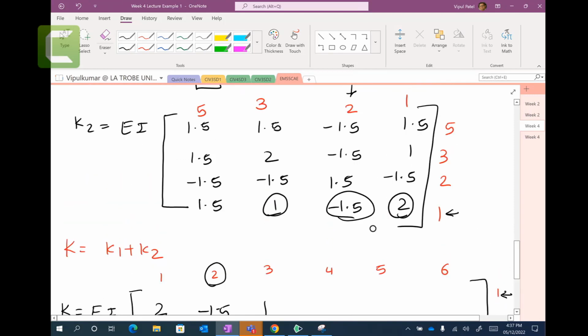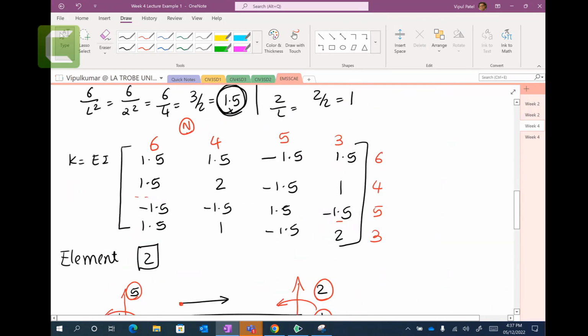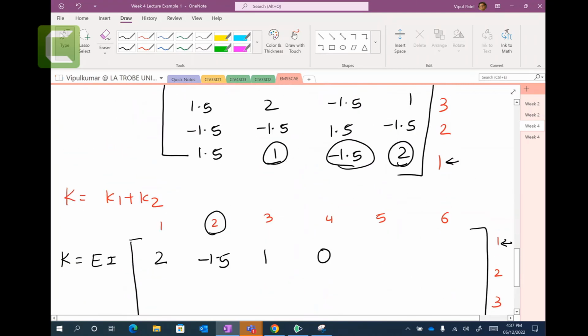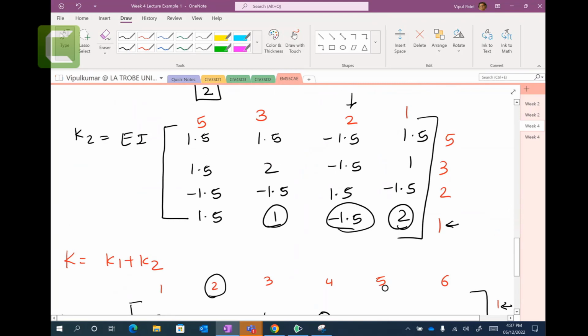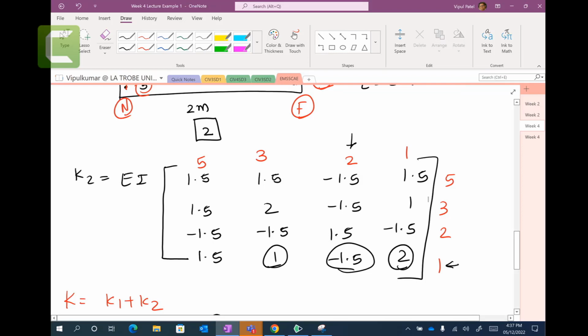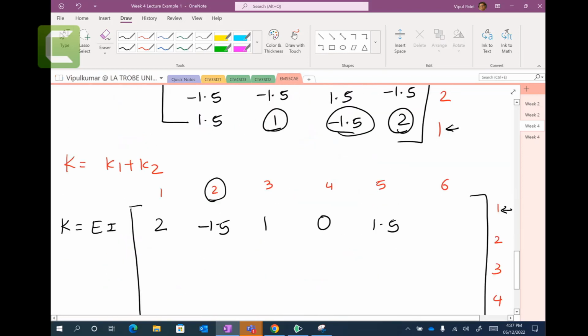Column 4, row 1, is there anything? There is none, so that is 0. Column 5, row 1 is 1.5. I hope you understand this game. It's just like putting those numbers where they're supposed to be in terms of 1, 2, 3, 4. And column 6, row 1, there is nothing, so that puts 0.